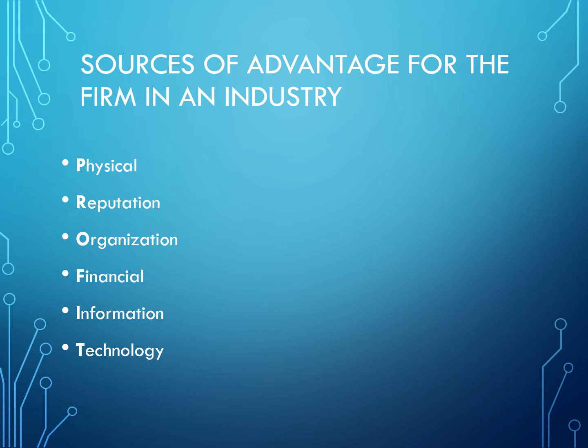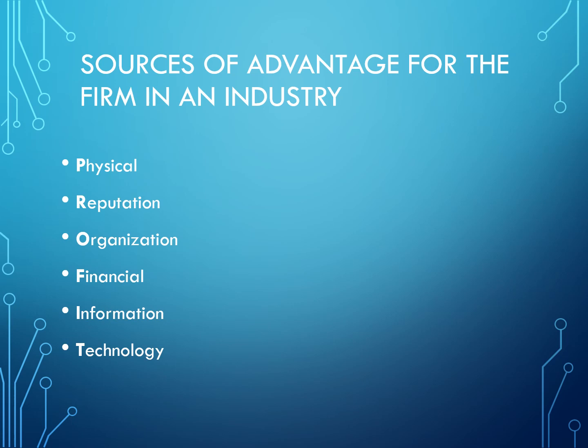Second is, of course, reputation. This has to do with something we'll talk about again and again over the course of the semester: brand equity. What kind of perceived quality is there for your products? What type of reputation does your particular brand and your particular firm have? There are some organizational advantages. Certain companies are organized differently than others, and in some cases, that organizational structure is an advantage for a particular firm in particular industries.